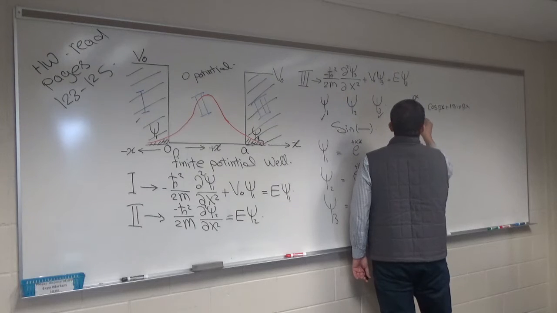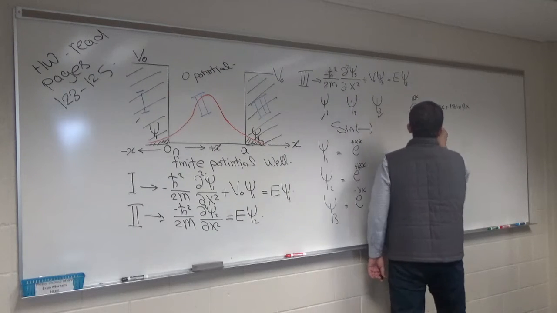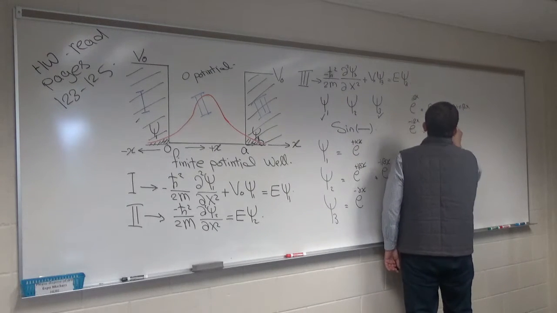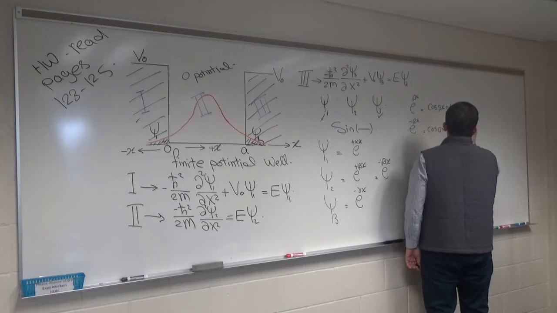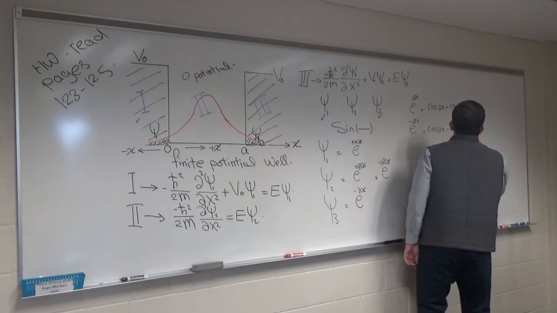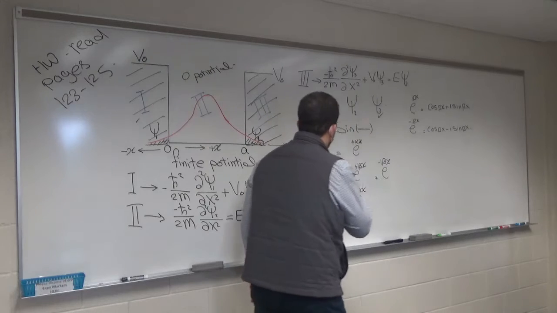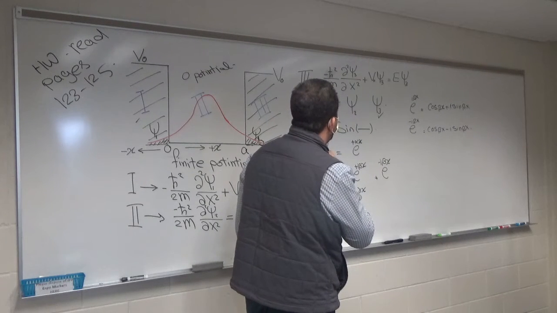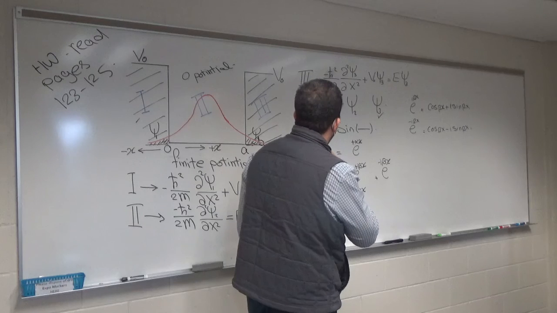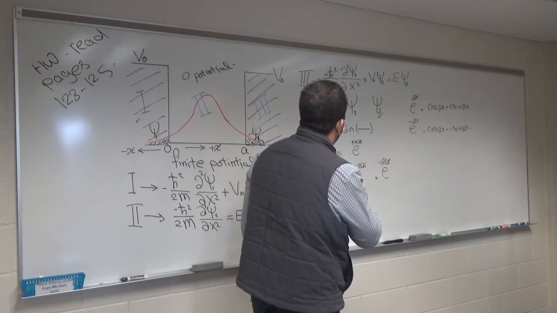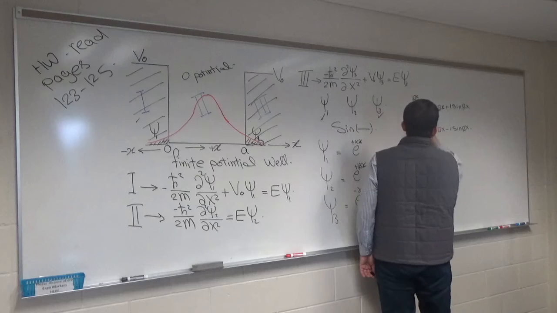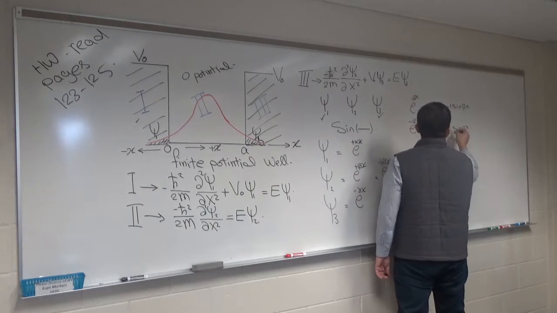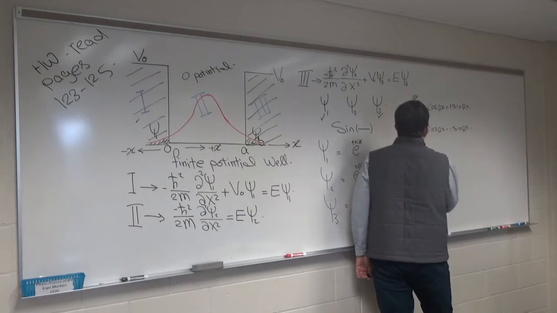And exponential minus i beta x will give me cosine beta x minus i sine beta x. Let's see if we have sine. If I add them together, this will be cancelled with that.